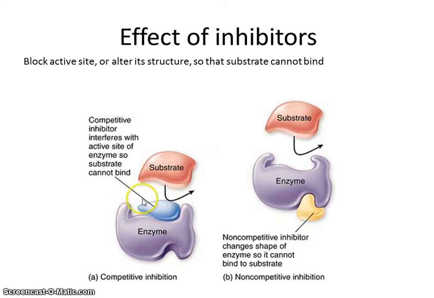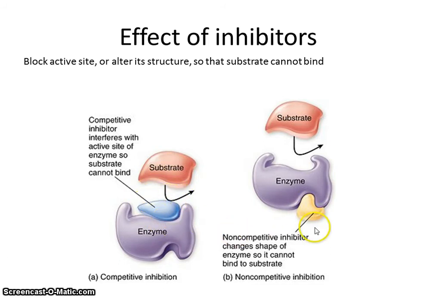What often happens is the inhibitor has quite a similar shape to the structure of the substrate, and consequently it can fit into at least part of the active site, but when it's there, it doesn't bond quite so well, doesn't react, and just stays there. And as a result, the substrate is unable to fit into the active site while the competitive inhibitor is in place.